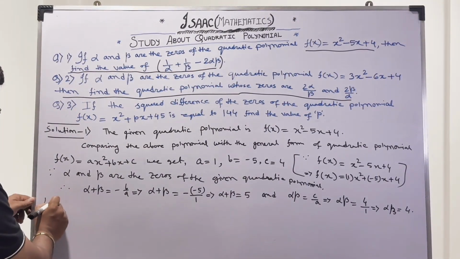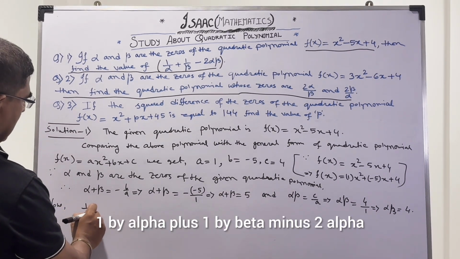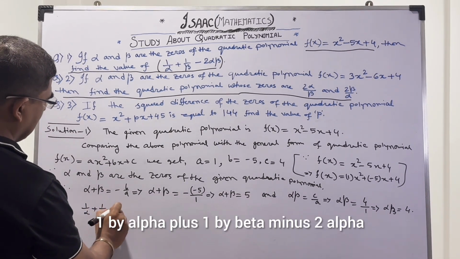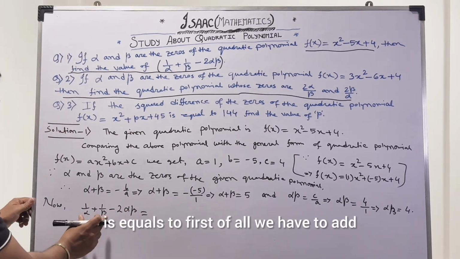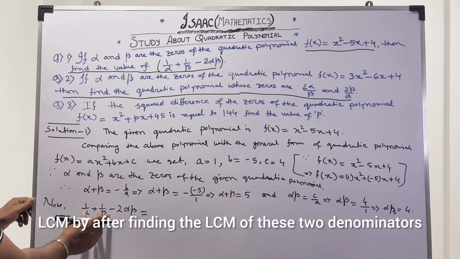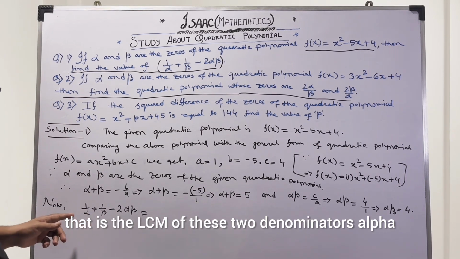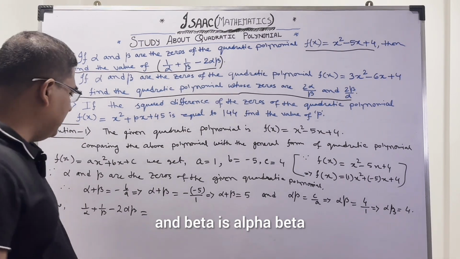Now 1 by alpha plus 1 by beta minus 2 alpha beta is equal to, first of all we have to add these two terms by the LCM. After finding the LCM of these two denominators, alpha and beta, the LCM is alpha beta.